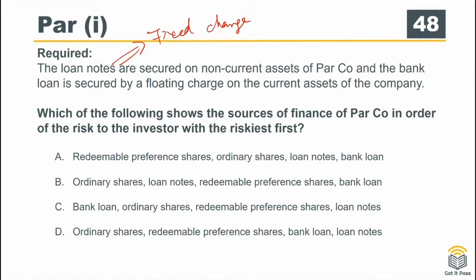So in other words, the higher risk should be here on the left-hand side, and on the right-hand side should be the lowest risk.